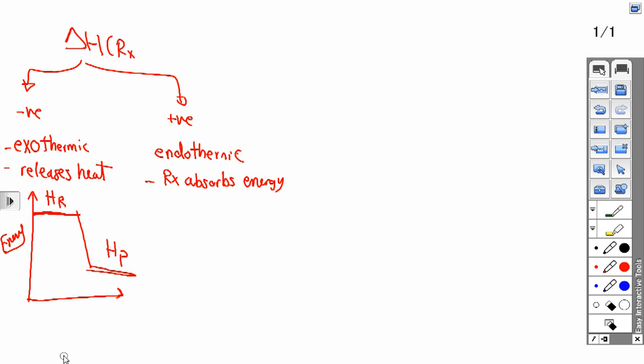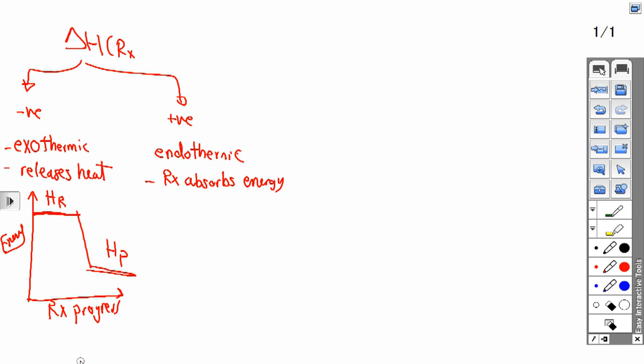And we said that delta H equals H of the product minus H of the reactant. So delta H will be negative, because the energy of the product is smaller than the energy of the reactant. This is energy and this is the reaction progress, or course of the reaction.